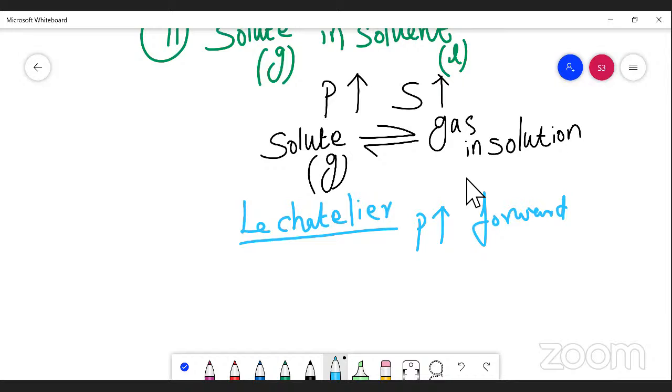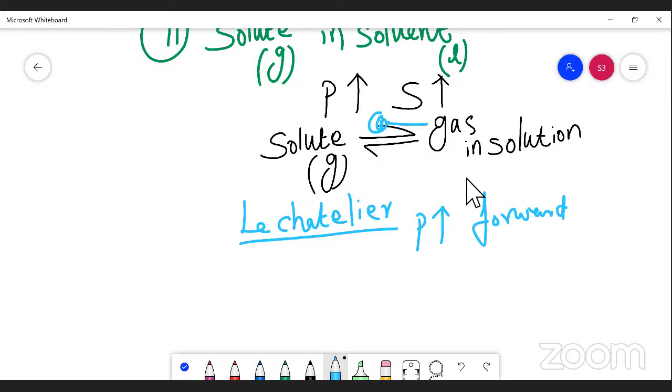What is the forward direction here? More of the gas goes into solution. In the forward direction, you are getting dissolution. So more solute particles will dissolve. That's it.